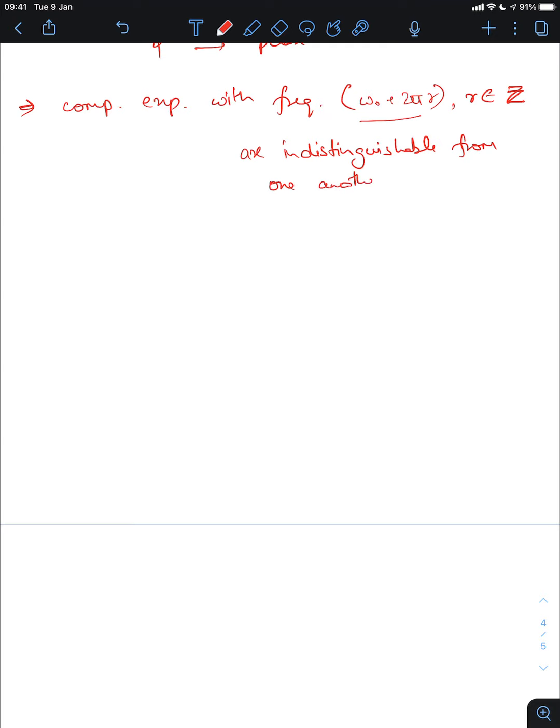Meaning to say, it is the same signal. We can verify, for example, we have x of n equal to cos of (omega naught plus 2 pi r) n plus 5. Using the property, it will give you cos(omega naught n plus 5).